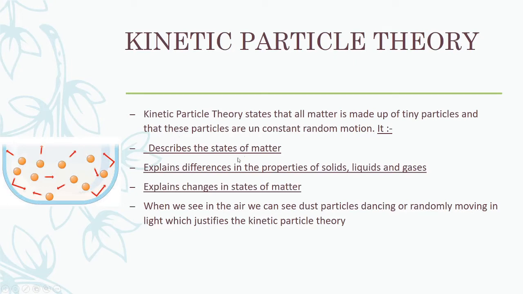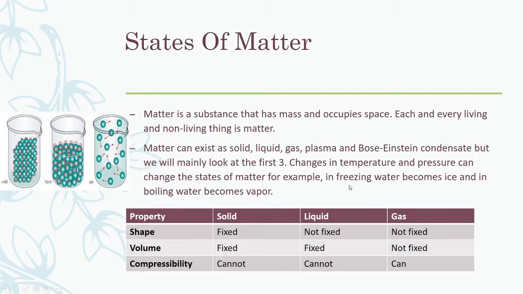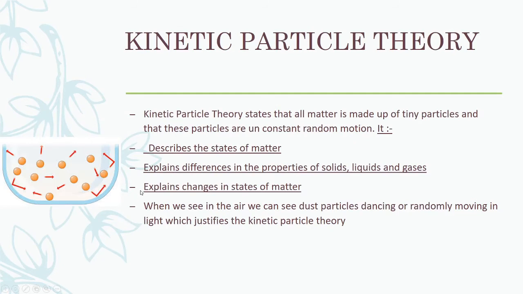It describes solids, liquids and gases, and explains differences in the properties of solids, liquids and gases. So this table exists only because of kinetic particle theory, and it explains changes in the state of matter. When we say that temperature and pressure is applied on a substance and it changes, that is also part of kinetic particle theory.